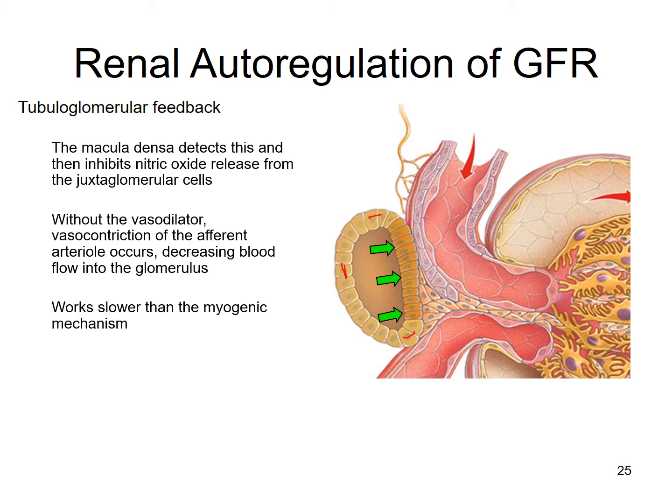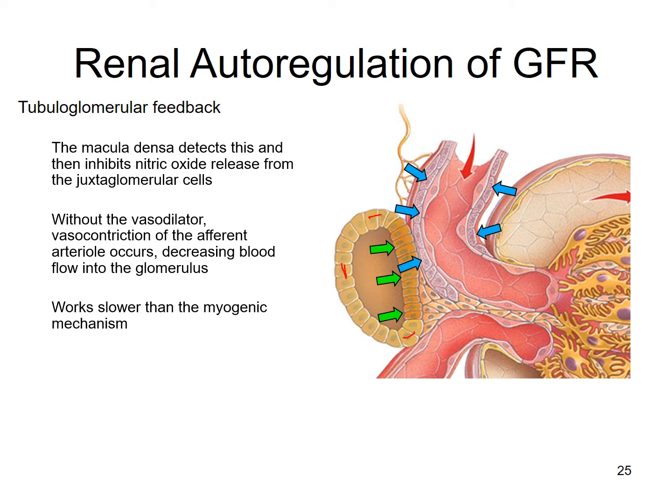So basically the macula densa will detect this increased fluid flow and inhibit nitric oxide release from juxtaglomerular cells, which are located here. So without this vasodilator, without the nitric oxide, vasoconstriction will occur, and this decreases blood flow into the glomerulus.